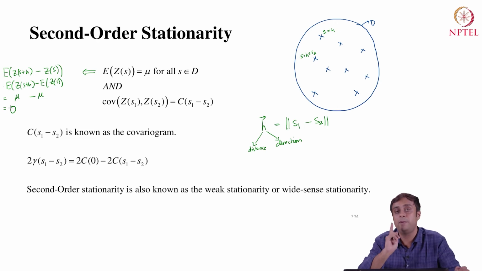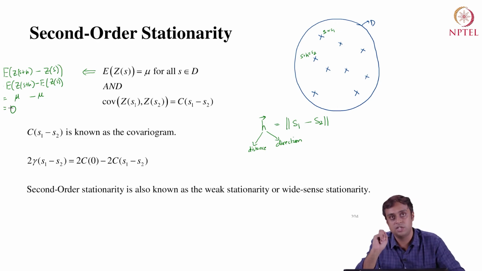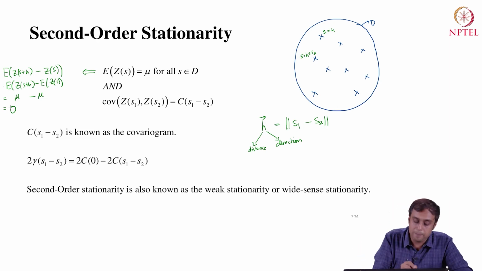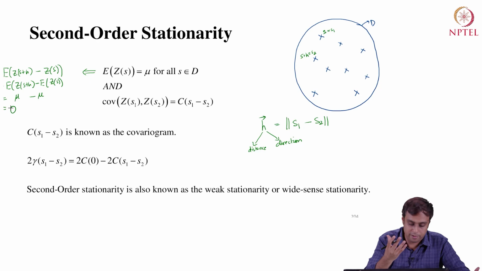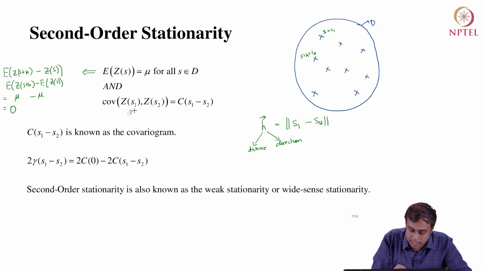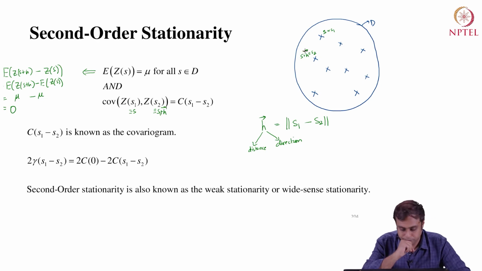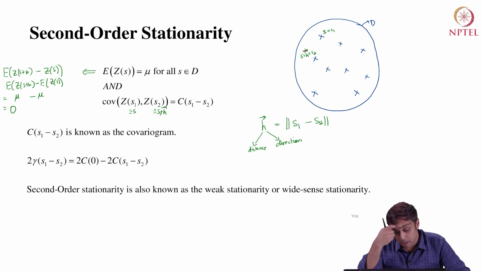The second moment property of second order stationarity is different from intrinsic stationarity. It depends on the covariance operator between Z(s1) and Z(s2). Remember, s1 is s and s2 is s plus h, okay.